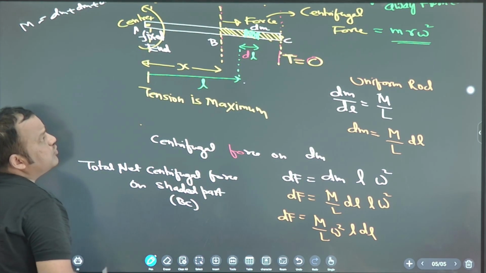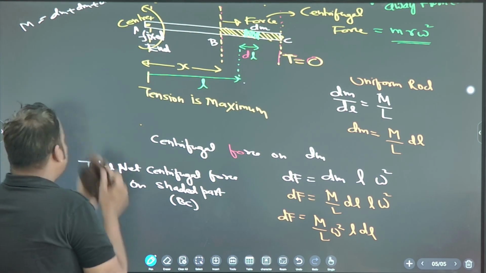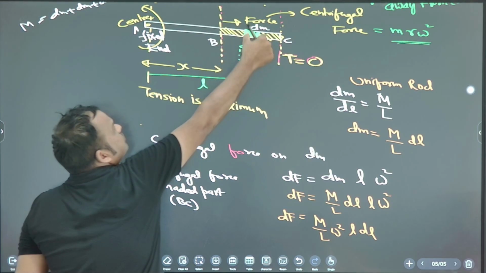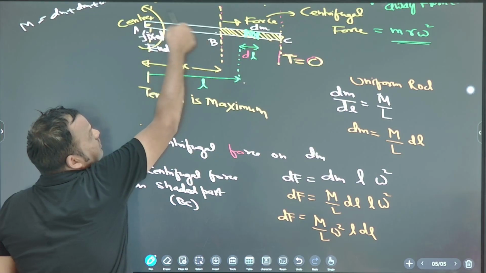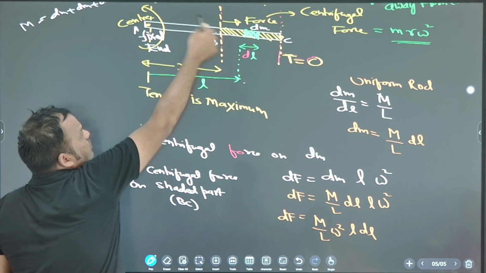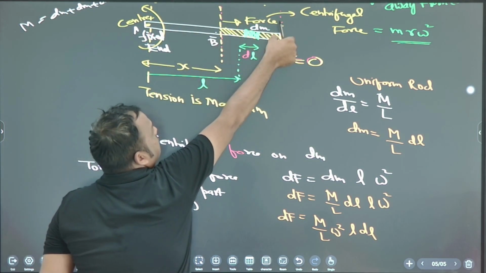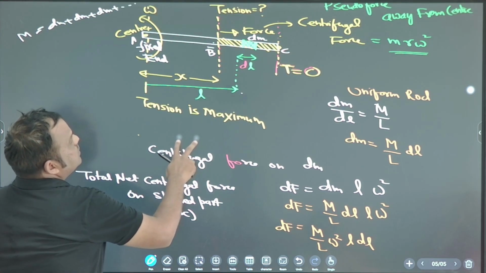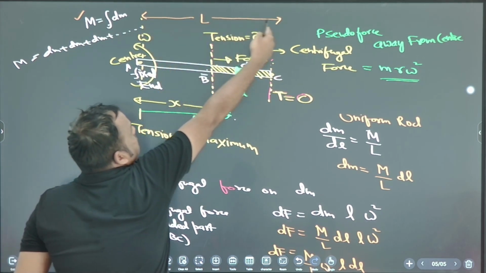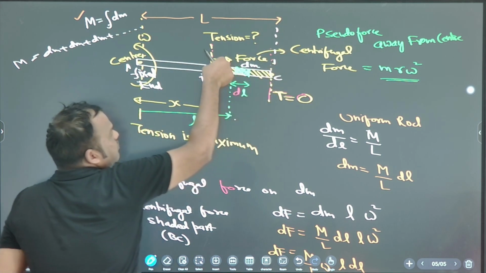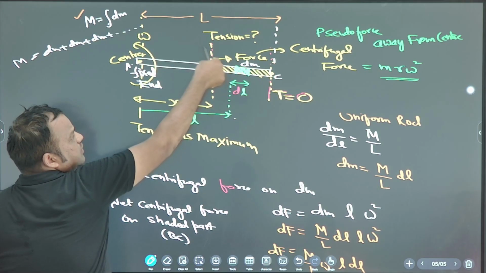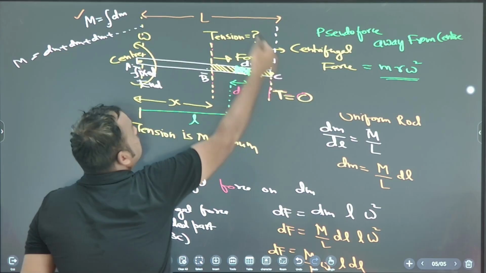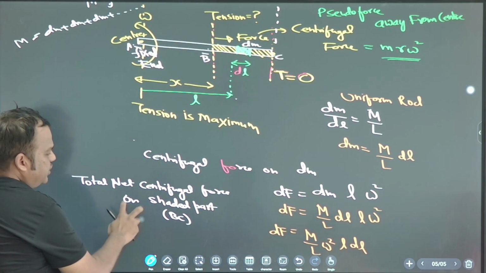So what is the net centrifugal force on BC? If you consider dm here, what is the distance from center? x. If dm is here, what is the radius? Distance x. If dm is here, what is the distance? L. Okay, so you have to integrate it.